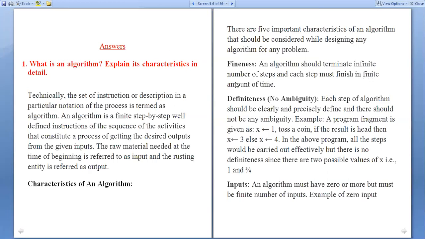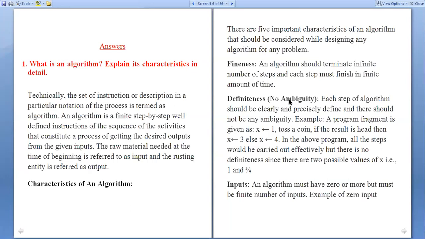Definiteness. What is definiteness? There should not be any ambiguity. As an example, take 4 plus 5 star 3. If there is no precedence, one way you can consider it is 4 plus 5, that is 9, into 3, 27.